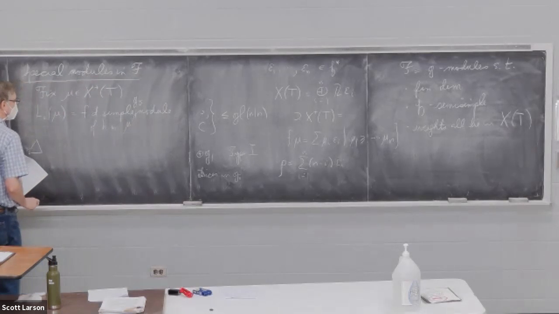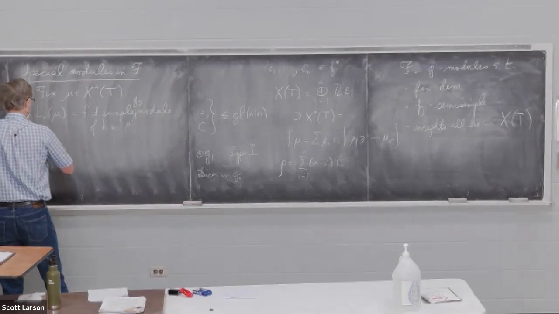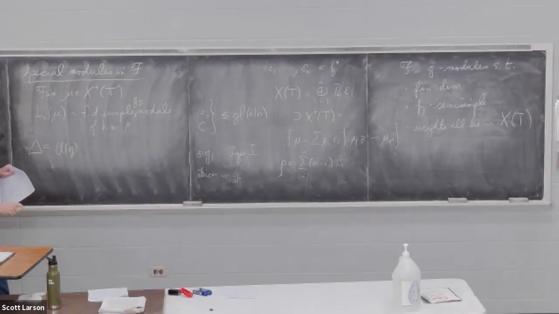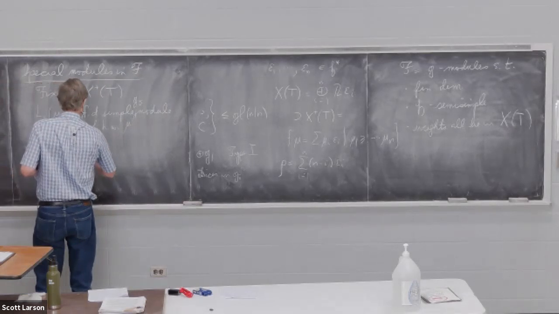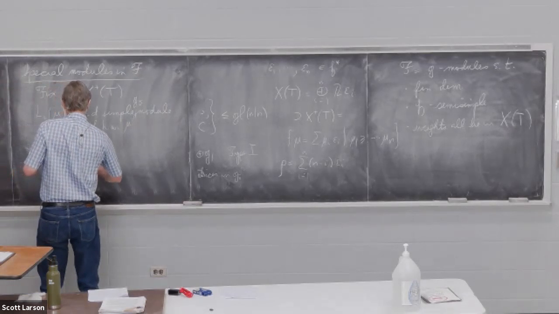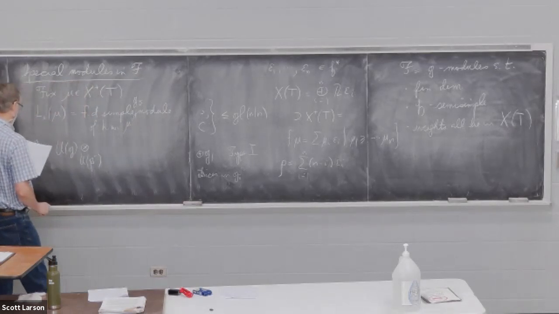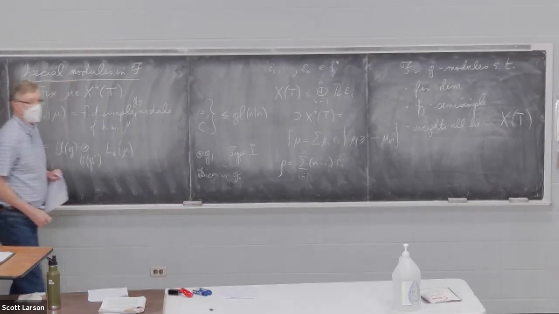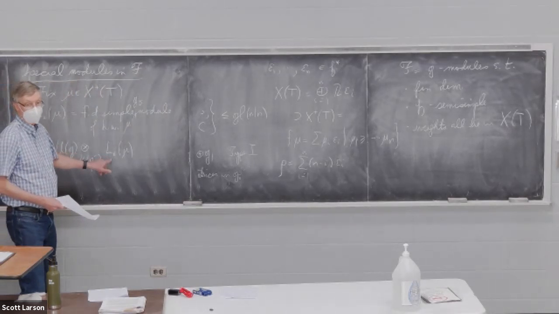We can induce this up. We take U of G, the universal super enveloping algebra of G, tensored over U of P minus. We make this into a P minus module by letting G minus 1 act by 0.